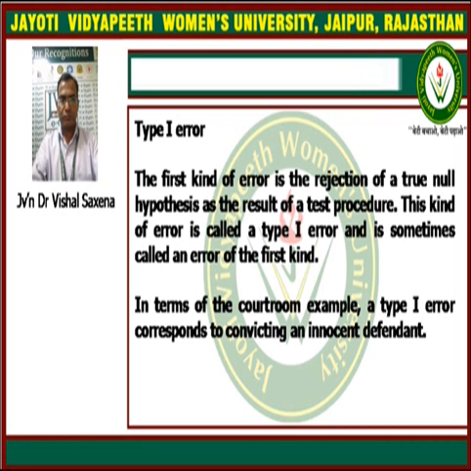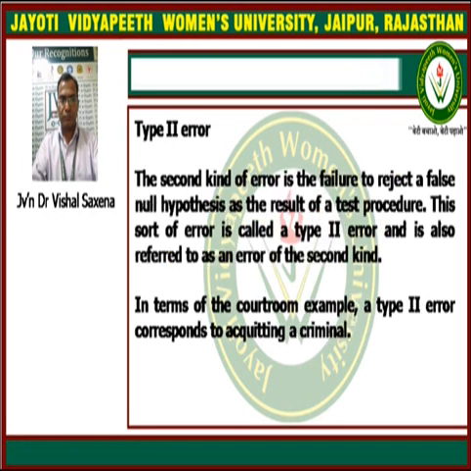In terms of the courtroom example, a type 1 error corresponds to convicting an innocent defendant. While the type 2 error is a kind of error generated when a false null hypothesis is accepted.